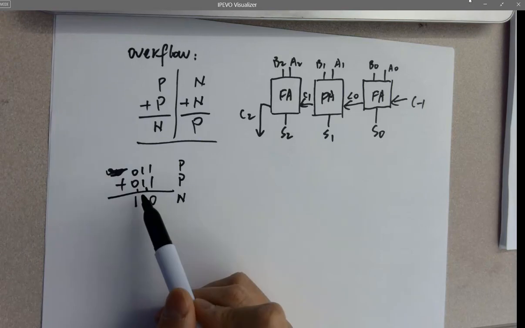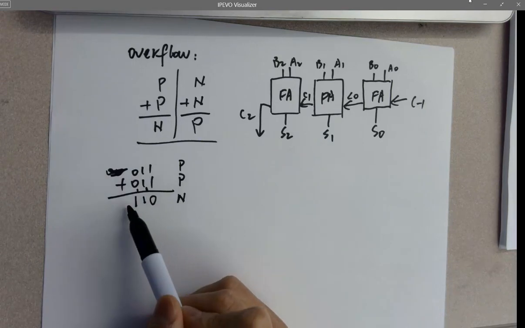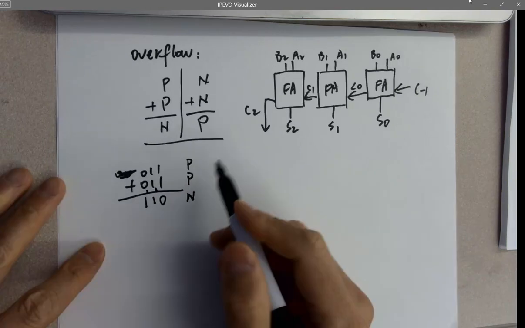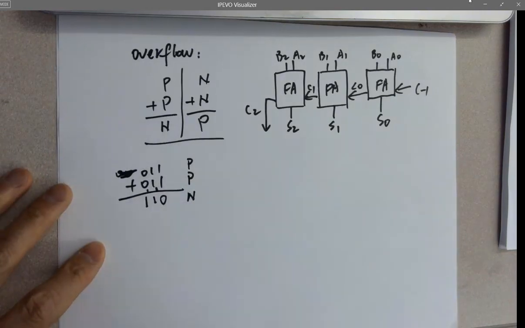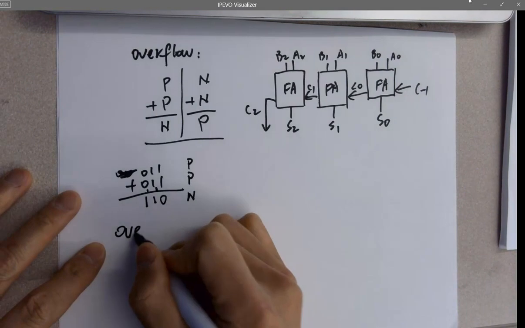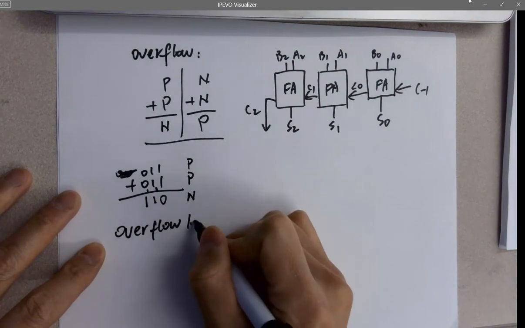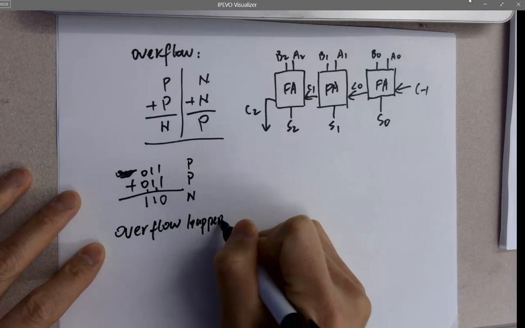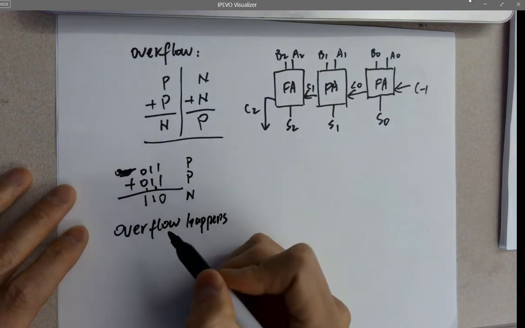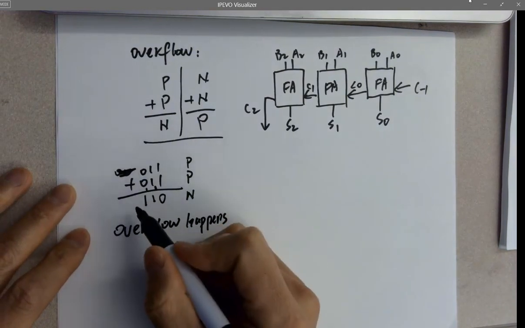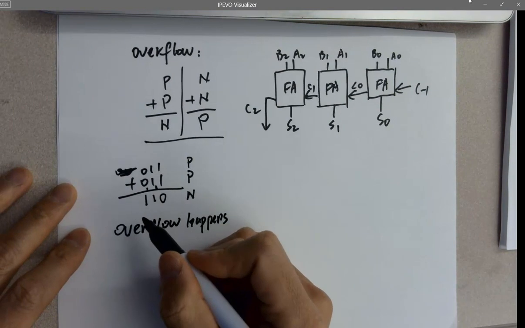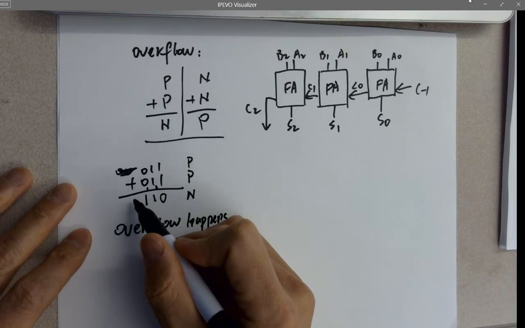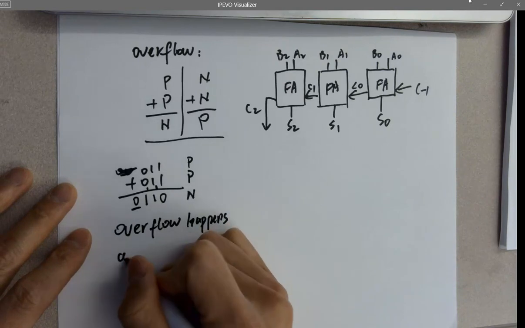For this example, if we're getting PPN, overflow happens. Then what we do is adopt C2. C2 is now usable. C2 is 0, so we can use it.